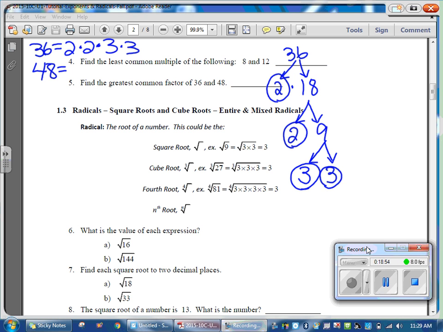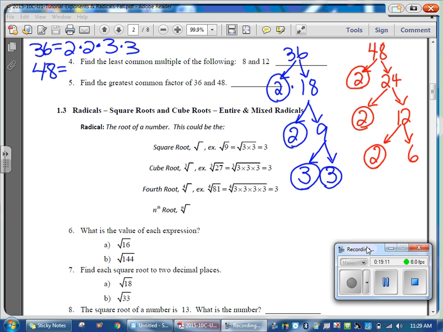Circle your prime number, 2 and 24. 24 divides by 2, 12 times. 12 divides by 2, 6 times. 6 divides by 2, 3 times. We end up with 2 prime numbers at the end. Now we're going to put all of our numbers listed. So 2 times 2 times 2 times 2, 4 2's, times 3.